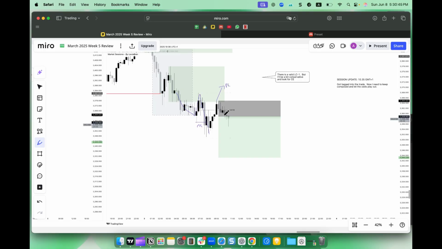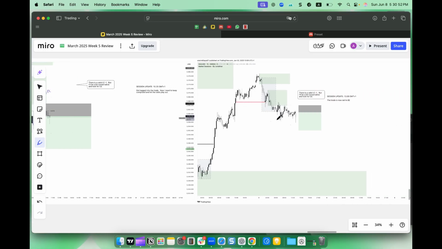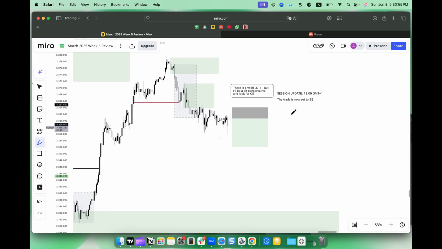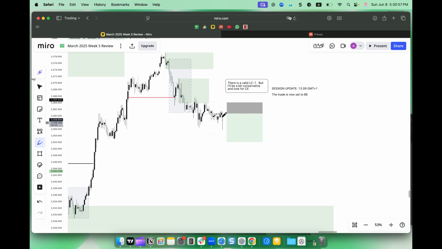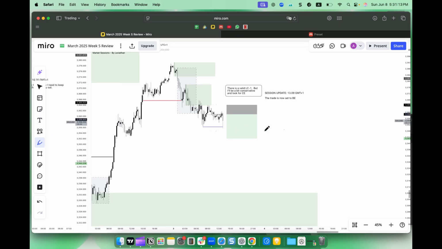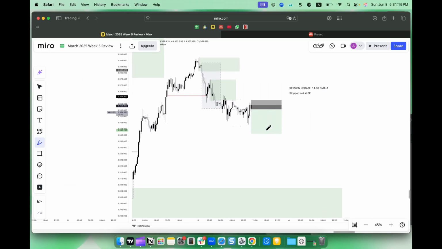So I placed my stop loss just above, and just waited for the odds to play out. Price came down well, took out this sell side liquidity. So at this point of time, the trade is set to break even because the price has already traveled 61.8 level of the total trade range.